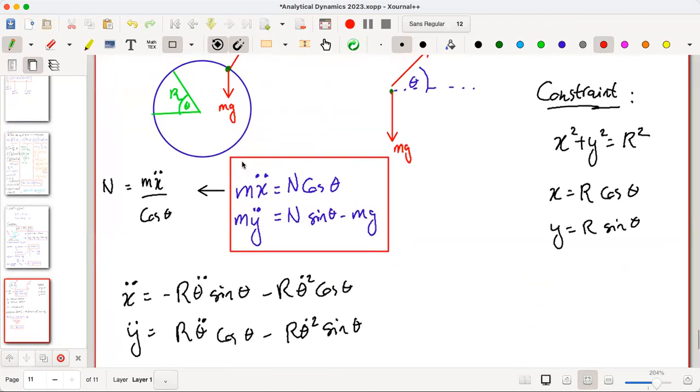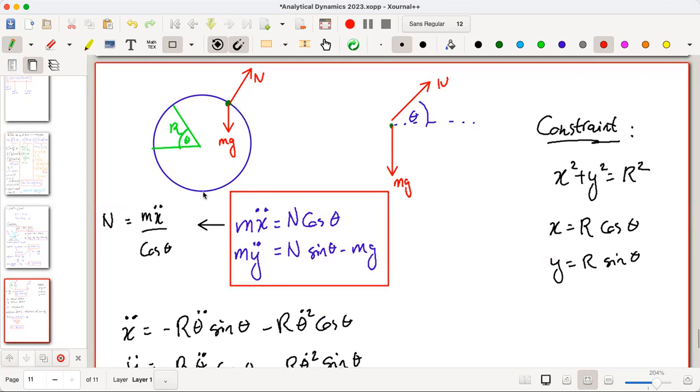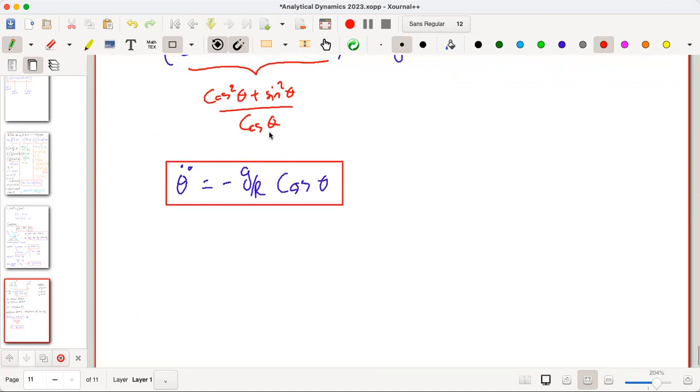Here, the displacement is along the tangent of this circle, and the normal force is perpendicular to that tangent. So we can see that in most cases, the force of constraint is perpendicular to the displacement, and this will have an interesting consequence later.